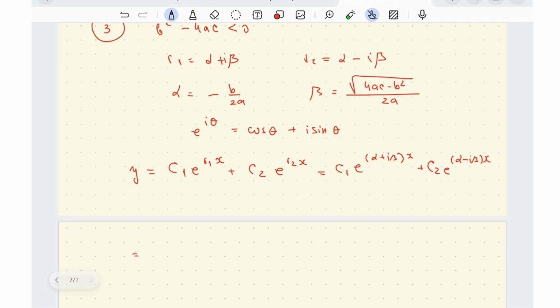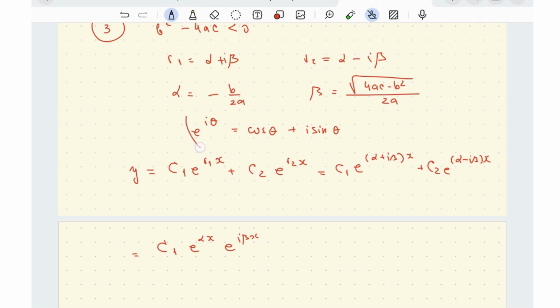So that's equal to c1 e to the power alpha x, I can write here e to the power i beta x, okay?